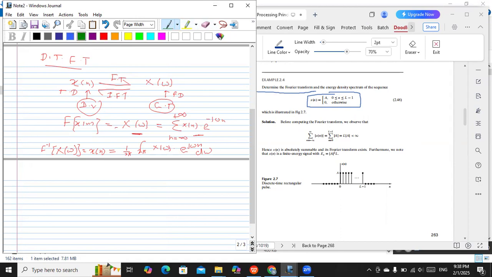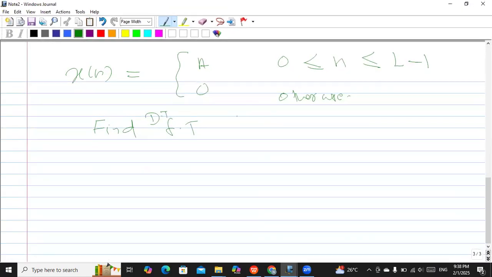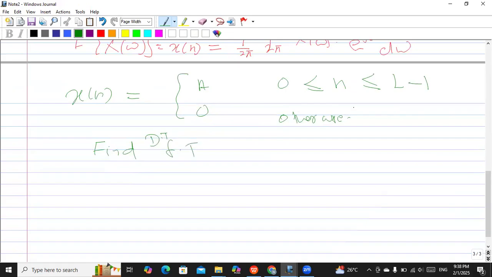I will quickly do this example. x(n) is equal to A and 0, so this A is for n between 0 and L minus 1, and 0 otherwise. This is the signal we are given, and we need to find the discrete time Fourier transform here. We will see how to do this, just using the basic principle.